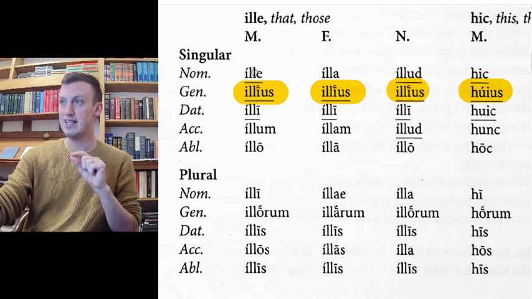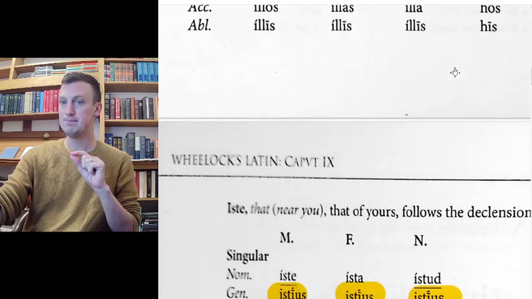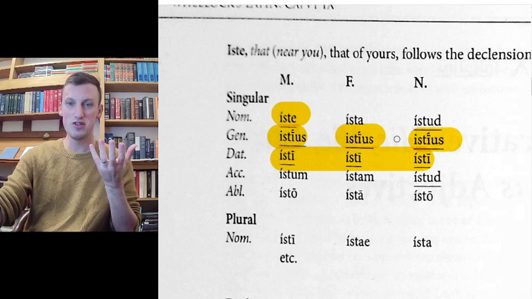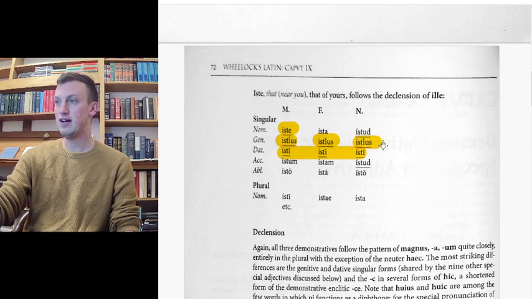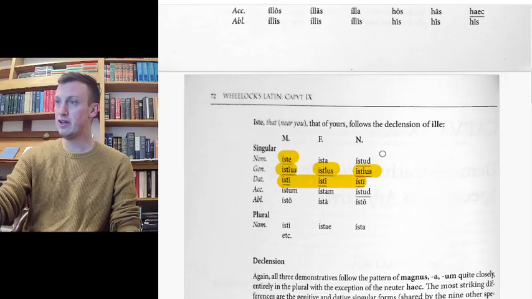It's different. Ille is not predictable. Hic is not predictable. This will be the same across. Likewise, nothing to predict ista except if you've already memorized illa. Those maybe go together. So there you go. You have to memorize these.